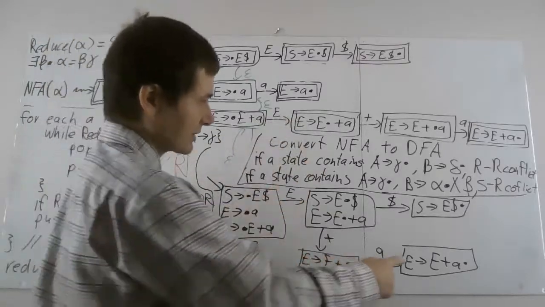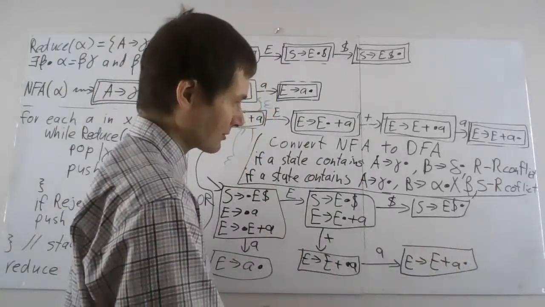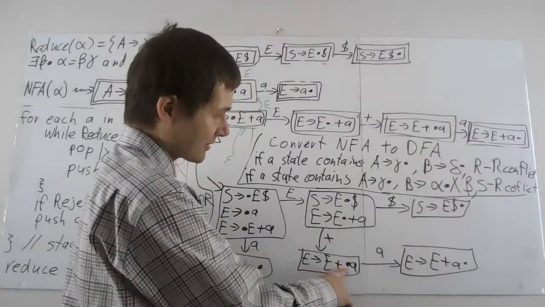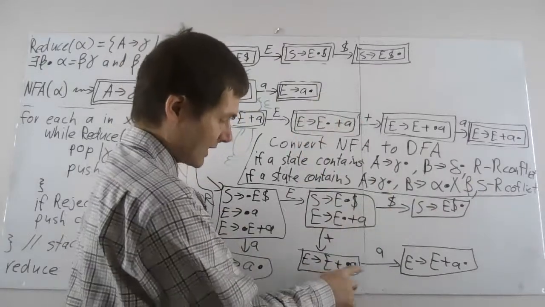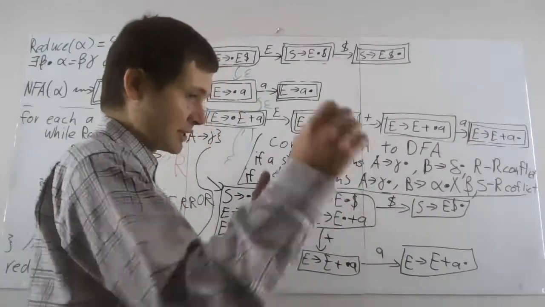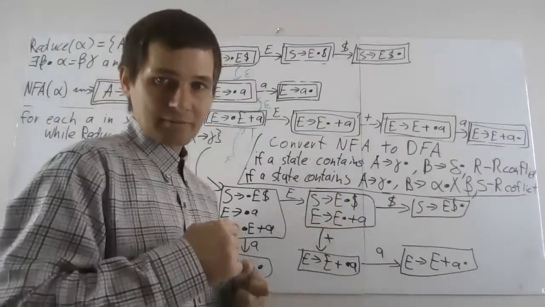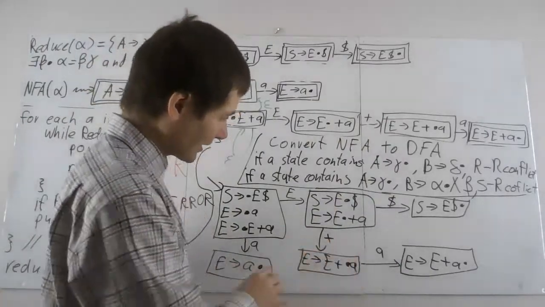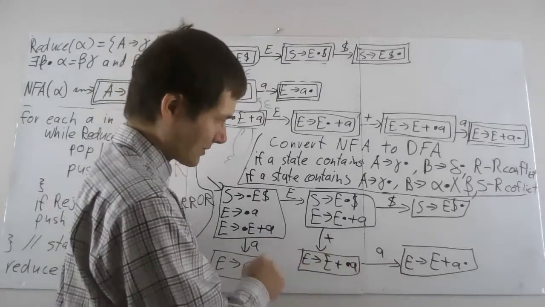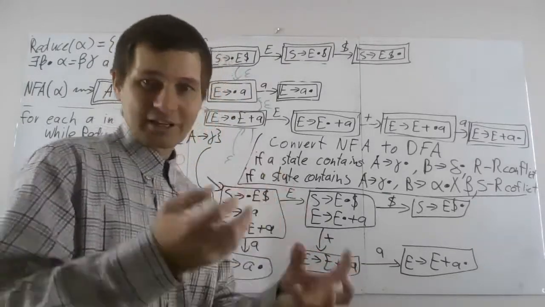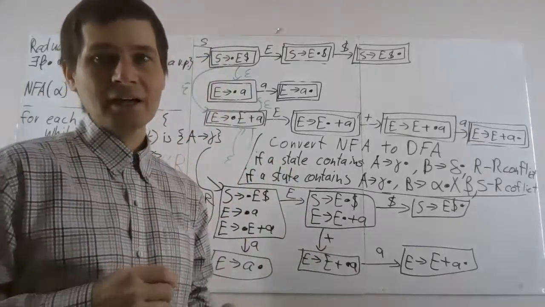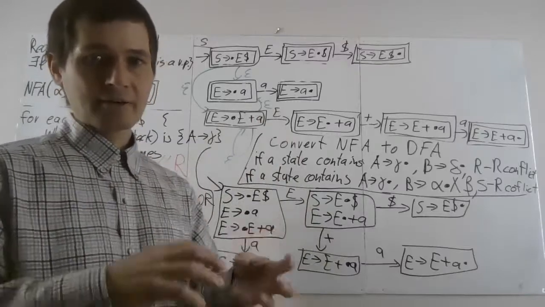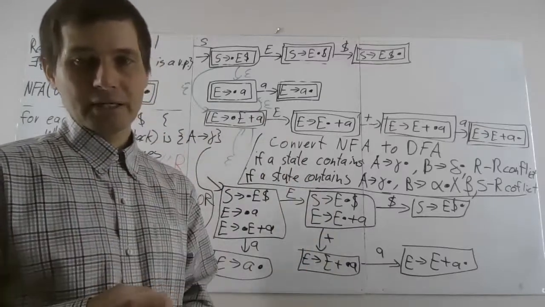So if there's one with a dot at the end, you're thinking about reducing by that rule, and say one with a dot not at the end, you're thinking that if that A is the next thing in the input, then maybe shifting that A and reducing by a different rule later is a better answer. And so you need to think about whether that is an ambiguity, and if it is, then you need to fix your grammar so that it forces one or the other.